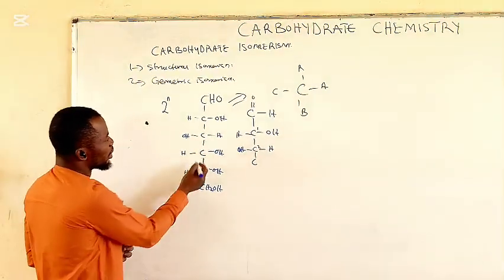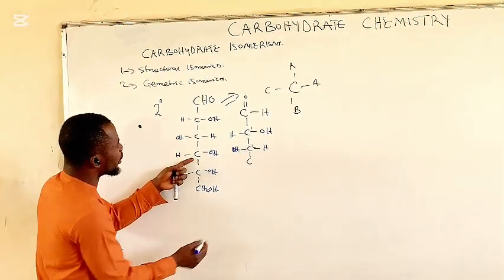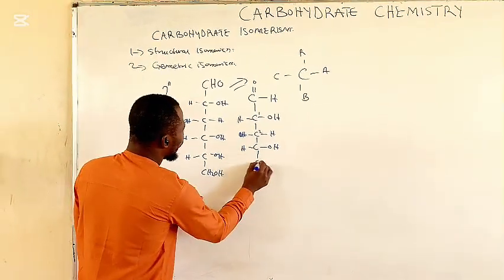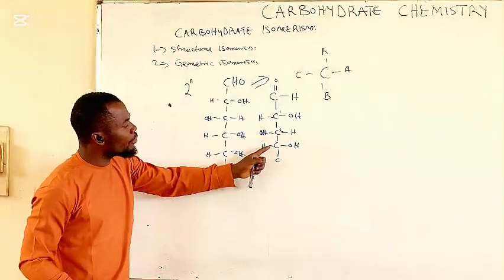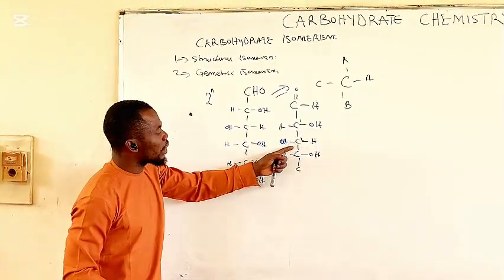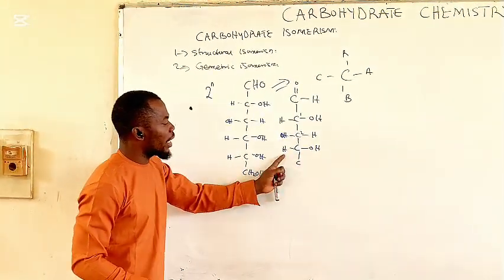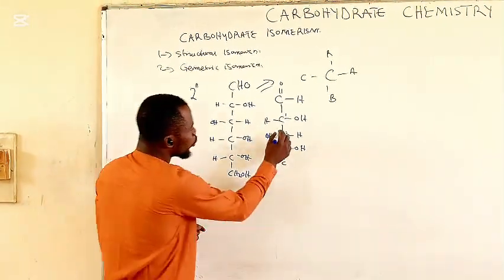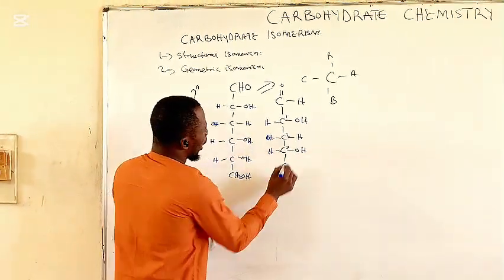Now let's look at the fourth carbon. This is the fourth carbon, OH and H with the 5th carbon here. This fourth carbon is also asymmetric because the groups attached to it from the top, bottom, right and left differ. It also has four different groups attached to it. So the fourth carbon is also asymmetric.